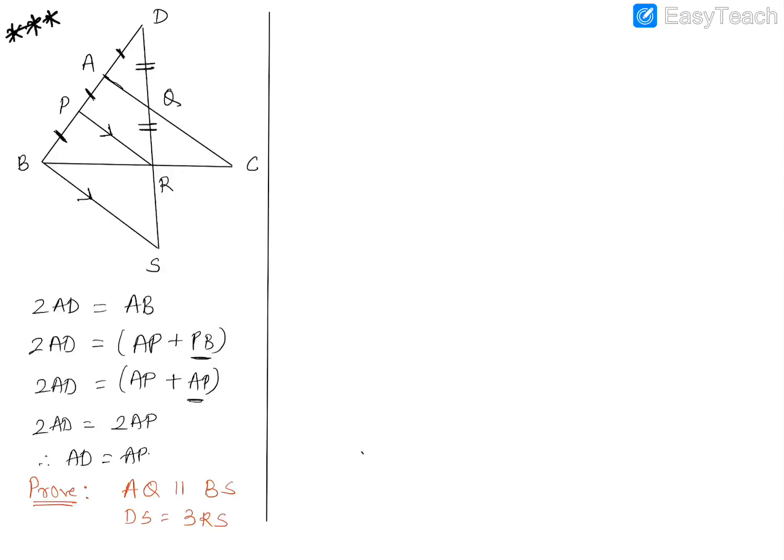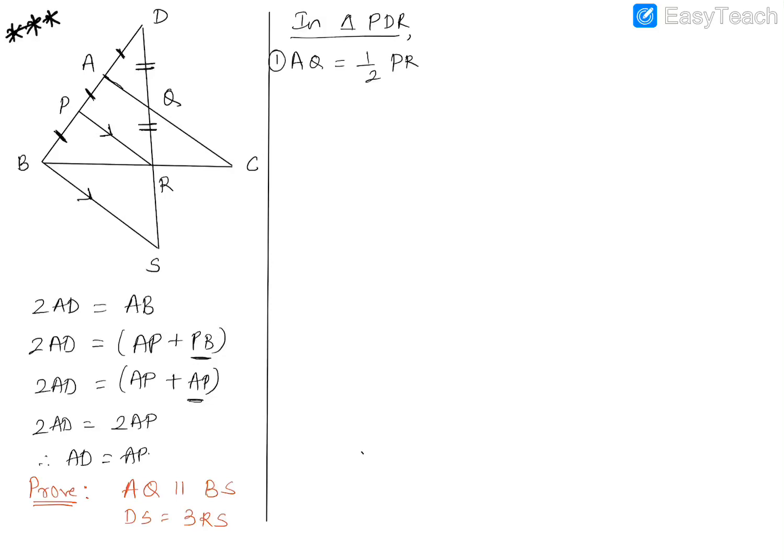Okay, if you did not get it, don't worry, I'm writing out all the statements now. So see, the first statement we will write is: in triangle PDR, AQ will be equal to half of PR.